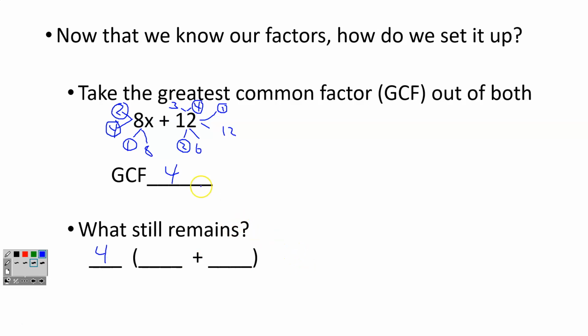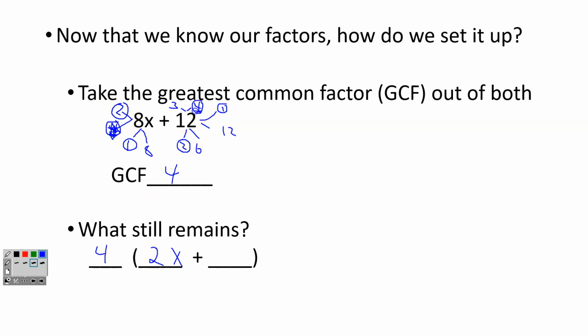So next thing we need to do is we need to bring down our variable. So the variable, the x, is with the first term with 8. So I'm going to put that x right there. If I factor a 4 out of 8, I'm going to scribble that out, then that just leaves me with a 2 left over. So I'm going to bring that down.